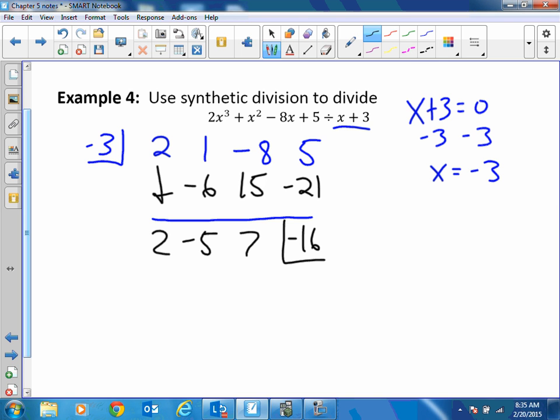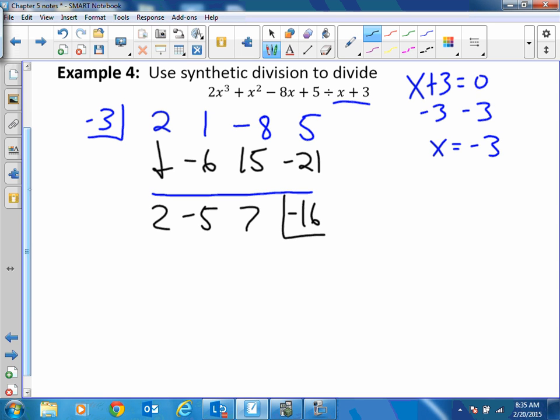Okay? So, what do those numbers mean? How do we use that for synthetic division? Well, we took an x cubed and we divided by x. So basically, every one of these is going to have 1 less x than what we started with, x cubed.